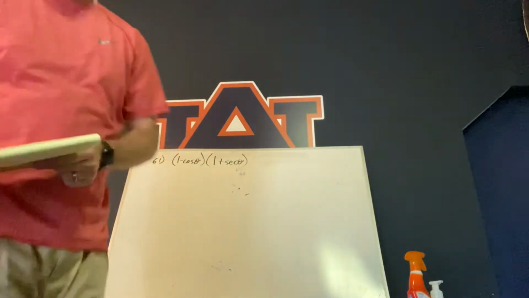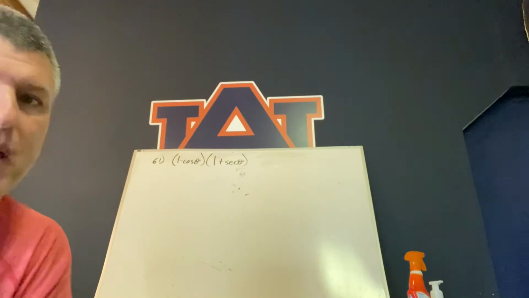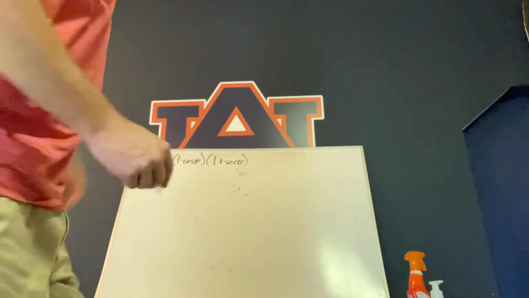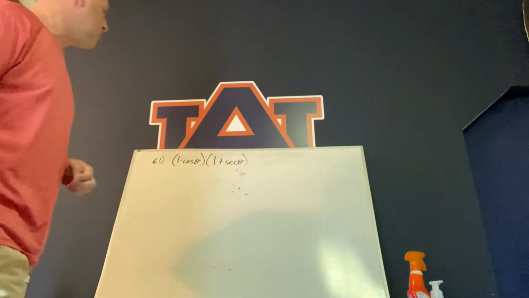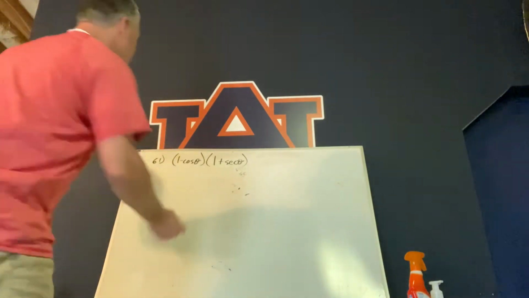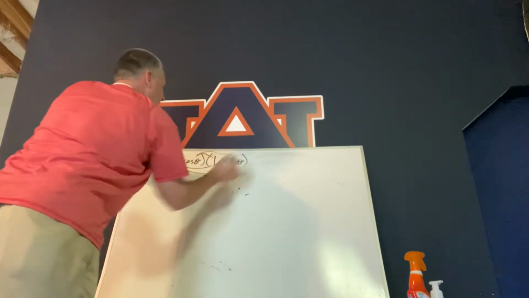Okay? So anytime I see a problem like that, I'm going to go back to my old rules of knowing that, hey, we're doing the FOIL method. So we're going to handle this problem doing the FOIL method. So that's first, outside, inside, last.